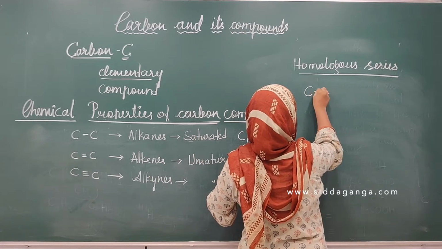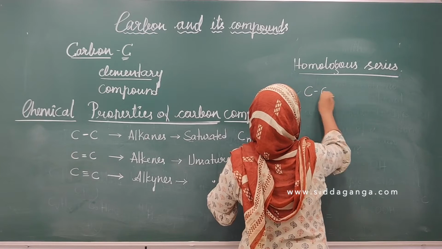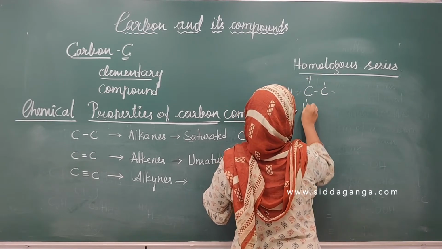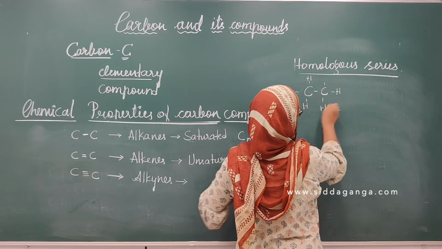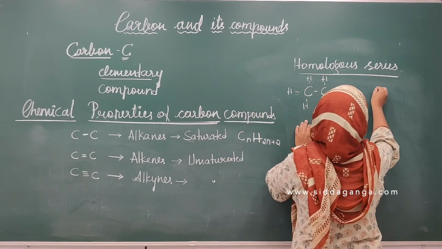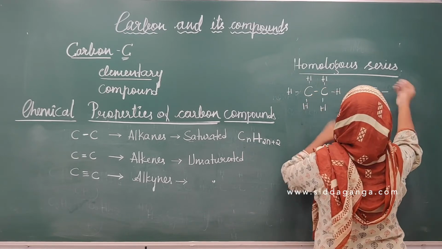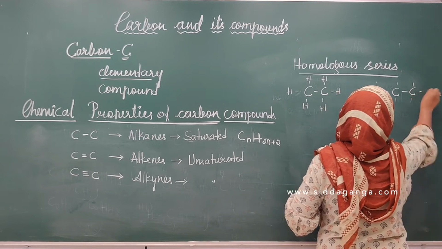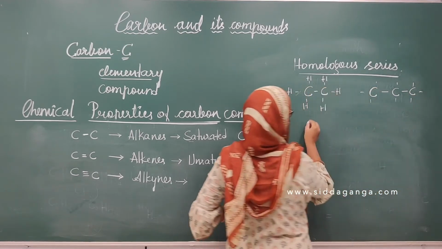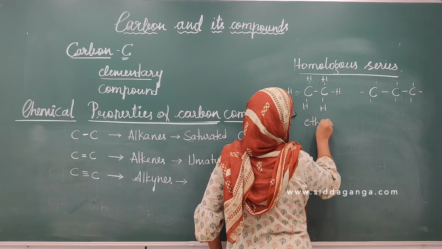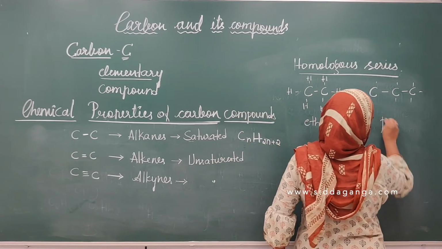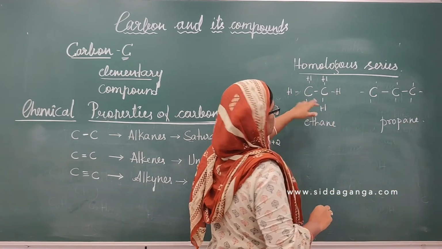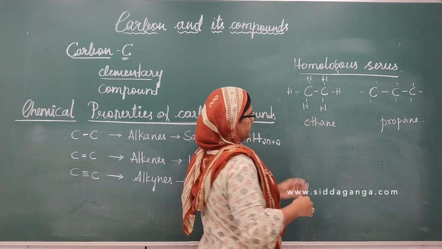If I take ethane, the next consecutive compound will be propane. How do we generate the general formula now?